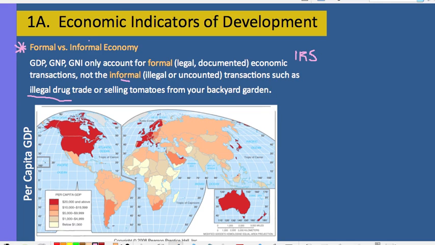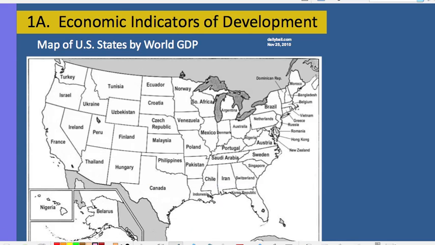This was interesting. This is looking at the map of the United States by GDP and comparing each of these states with a particular country that has the same GDP as that state. So the United States is very, very wealthy, the wealthiest country in the world. I got this map here at dailybail.com, and this is dated 2010.